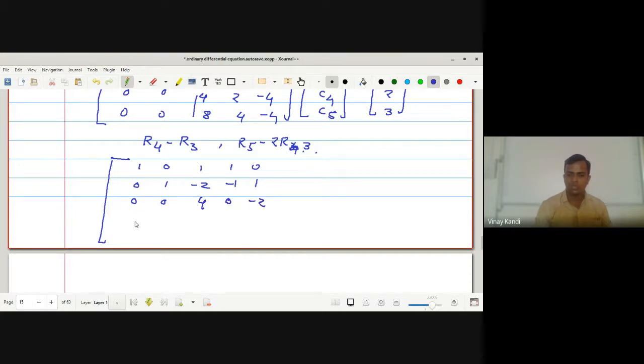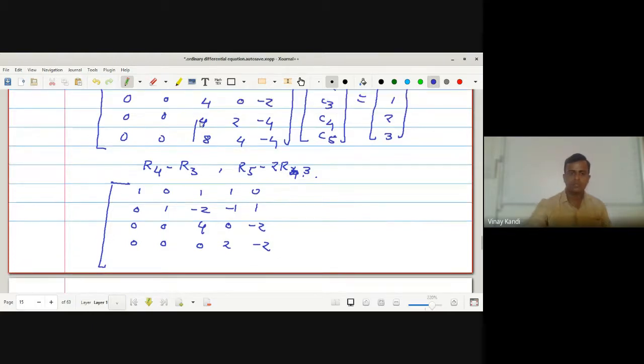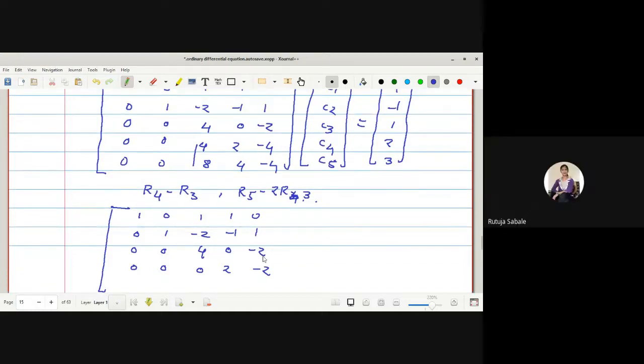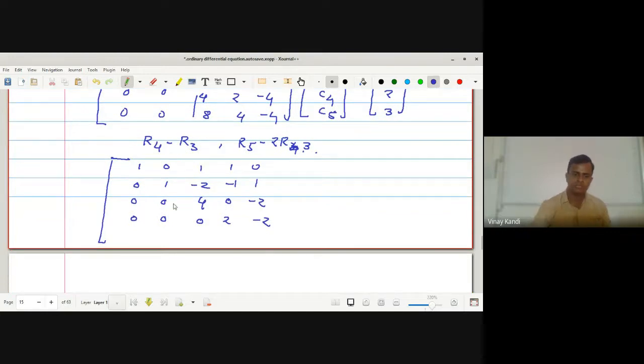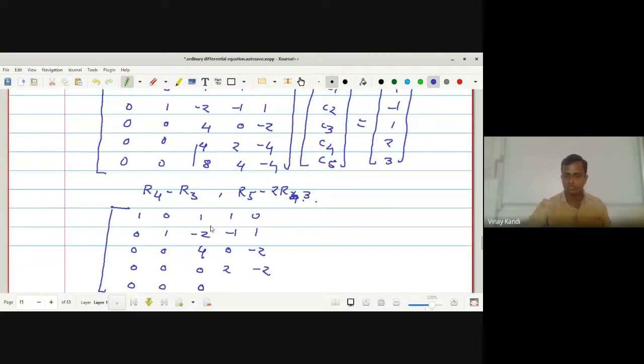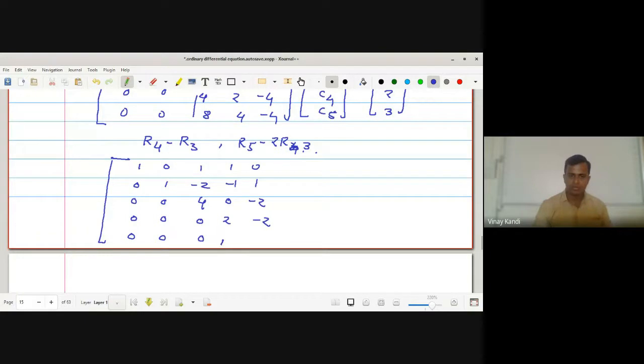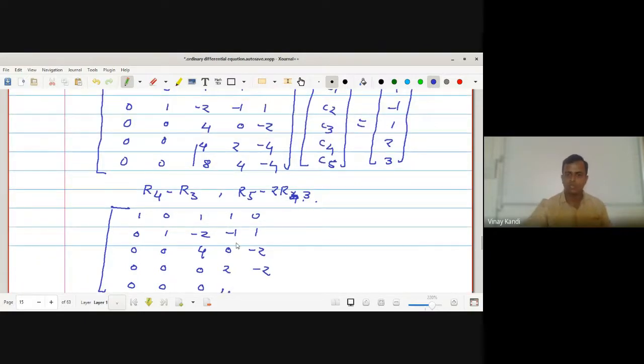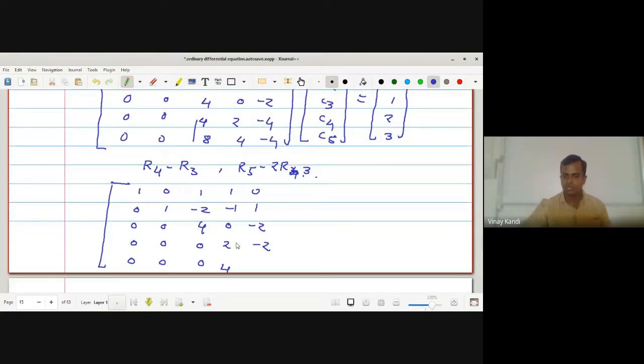Okay, now tell me 0 0 0 2 -2, correct. 4 -4 2 -0 2 -4 + 2 -2. Okay, yes sir, and last row is 0 0 0 4 -0 is 4. Okay, and -4 plus 4, again we get 0.